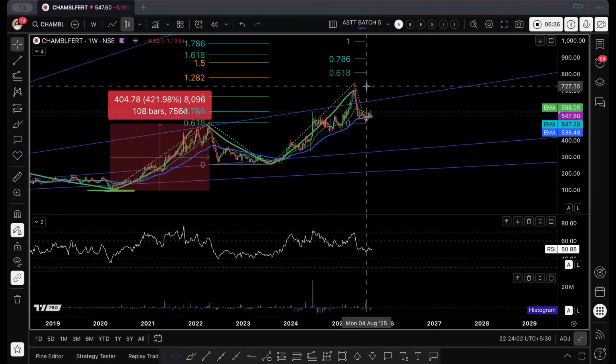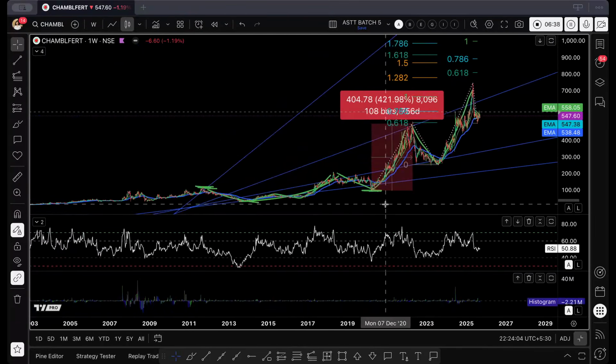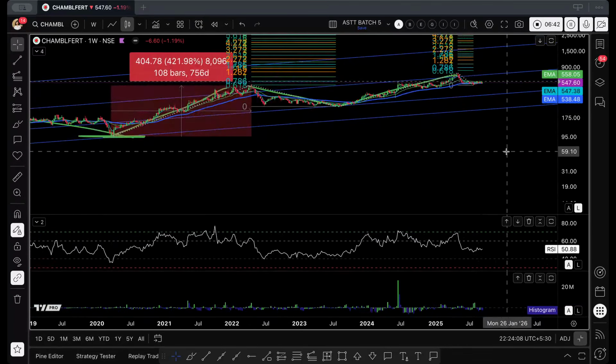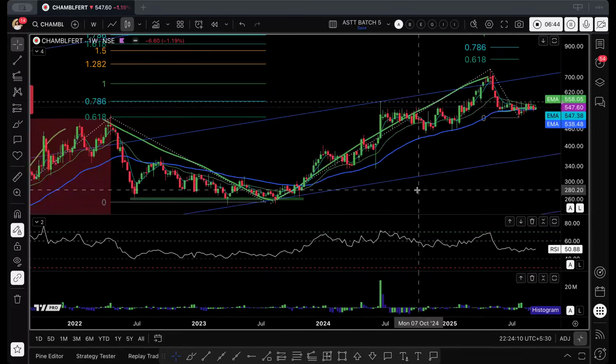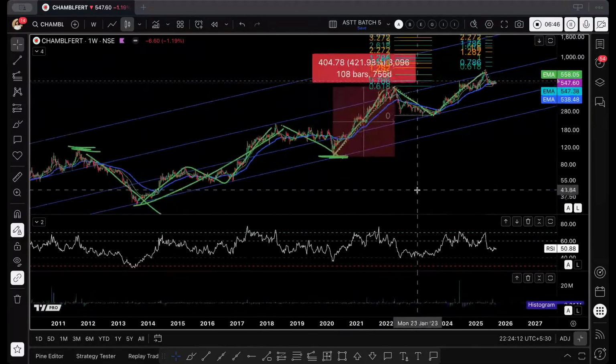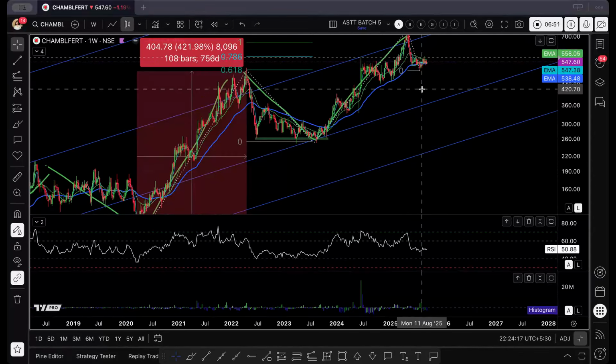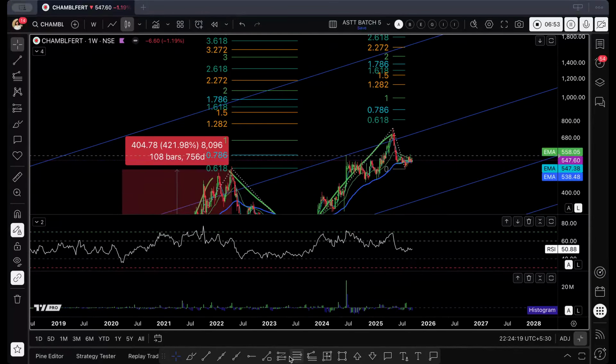Even if it doesn't double from here, because the next wave is expected to be wave five, which means that it may not be the longest wave or even as long as wave 3. So we'll take a conservative stand over there.